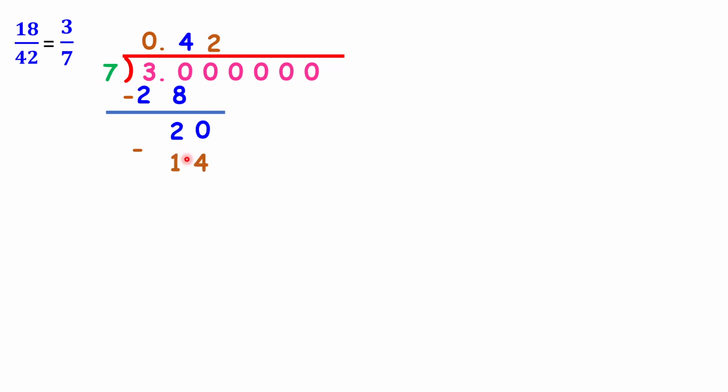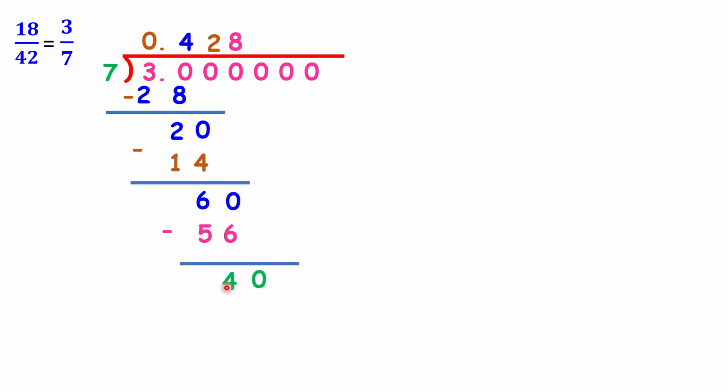20 minus 14: 0 minus 6 is not possible, so 10 minus 4 is 6. 1 minus 1 is 0. Then you have to write here 0. Then 7 eights are 56. 60 minus 56 is 4.